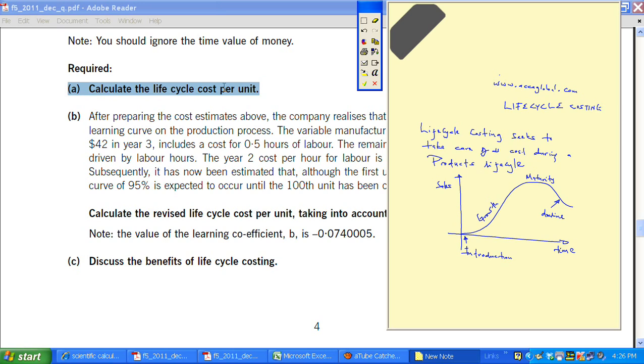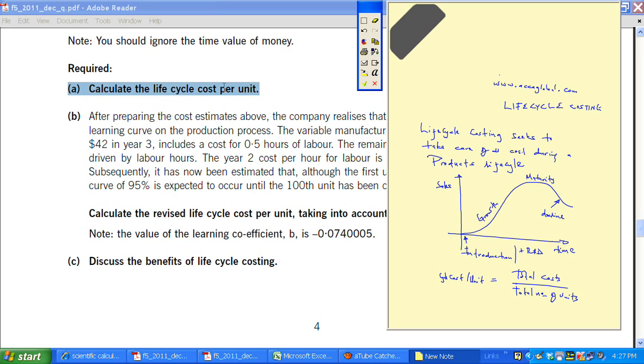So the life cycle cost per unit is equal to all the total costs divided by the total number of units. At introduction, or even before introduction, you'll have things like research and development costs.